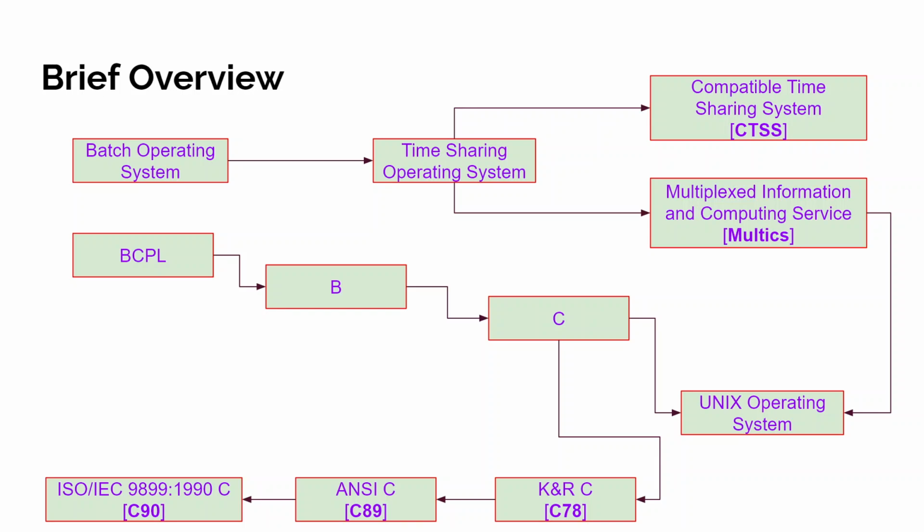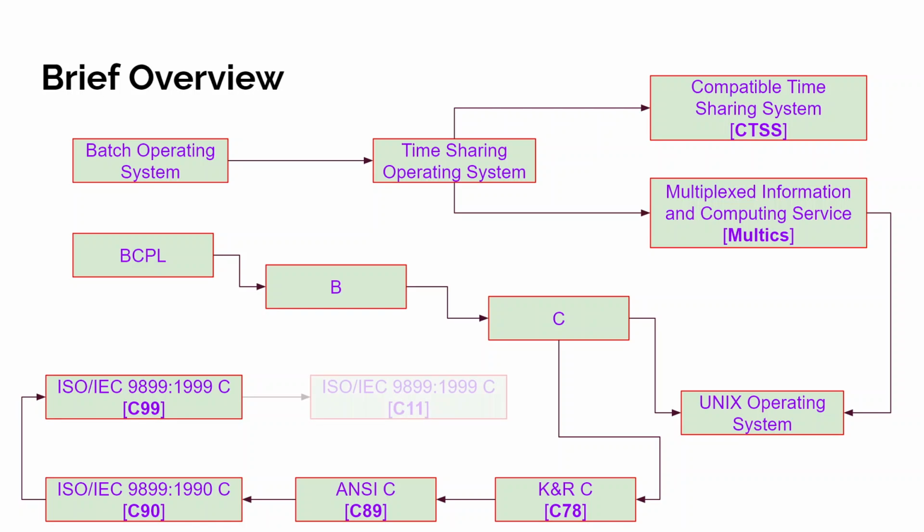After that, the new standard called C99 was released in 1999. The latest standard of C, that is C11, was released in 2011. So let us discuss BCPL, B, C, and all these standards of the C programming language.